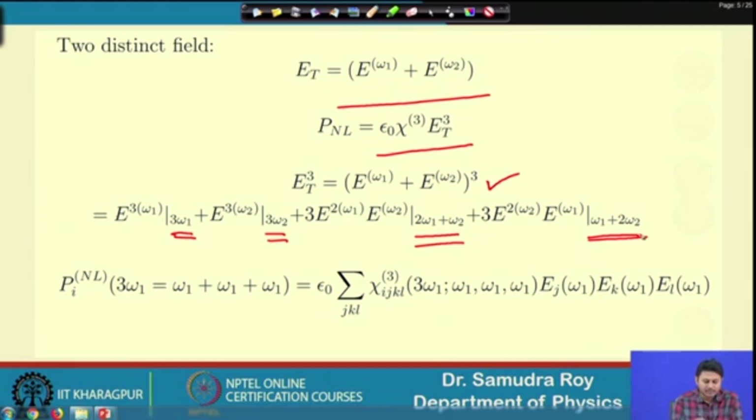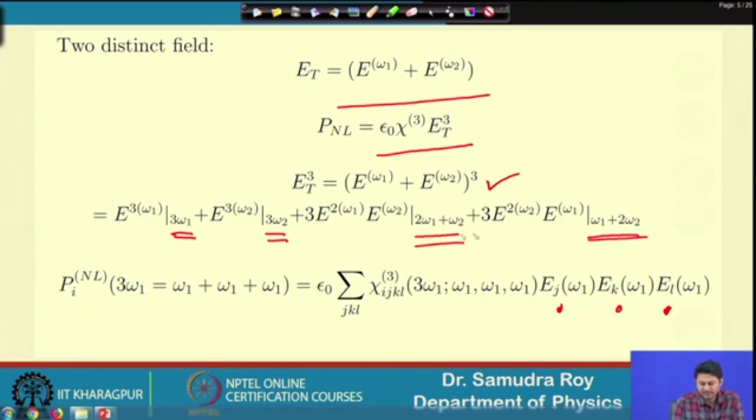Now, if I want to find out my frequency component, this is a specific structure, and for this specific structure we have 3 fields sitting here, and from these 3 fields I now want to find out my nonlinear polarization with a particular frequency.